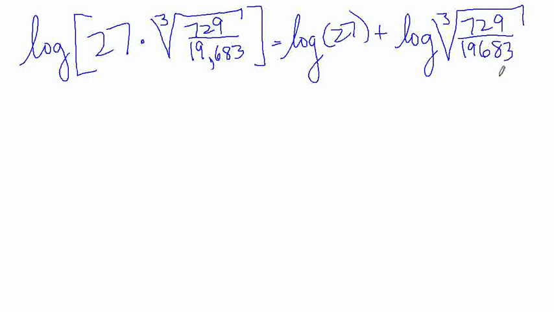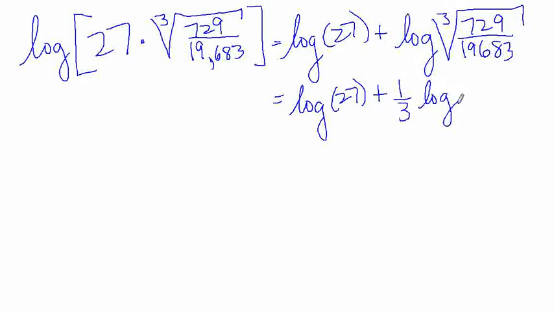Now, isn't the cube root the same as raising something to the 1/3 power? So we can use that power formula that says we can bring the exponent down. So that whole scary looking cube root becomes nothing more than a 1/3 in front of this log. Okay, so far so good.